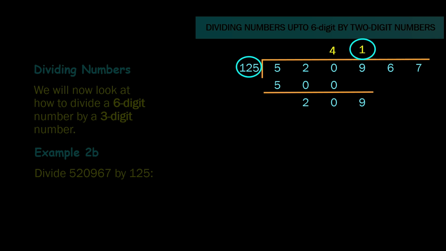Now multiply 125 by 1 to give 125. Now subtract to give 84. Bring the 6 down.